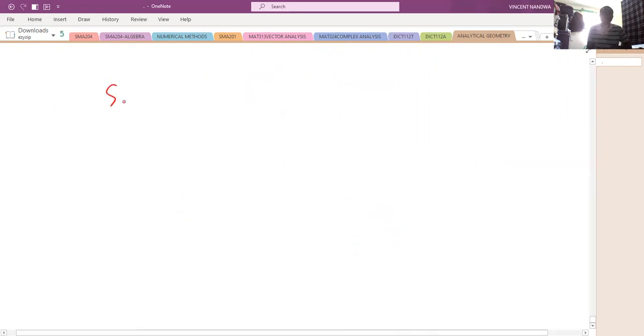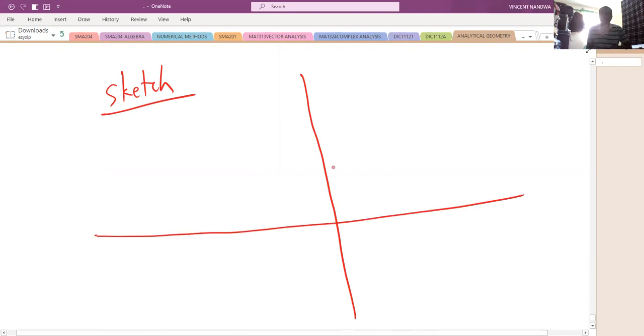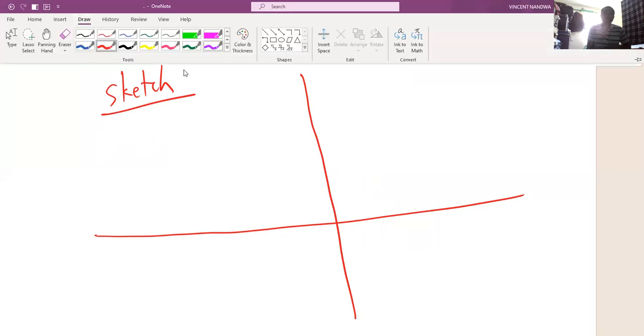So, sketch. We'll have our y-axis. V1 is 5 over 4, which is 1.25.